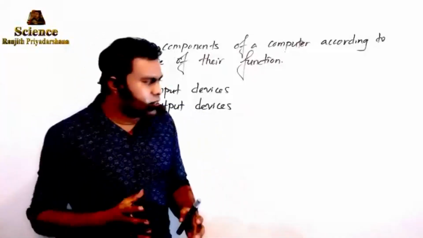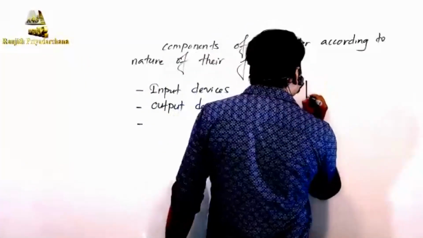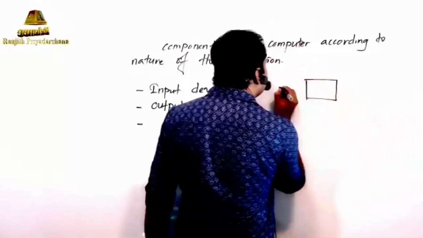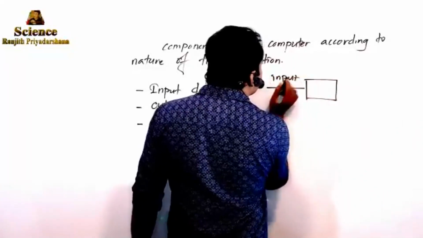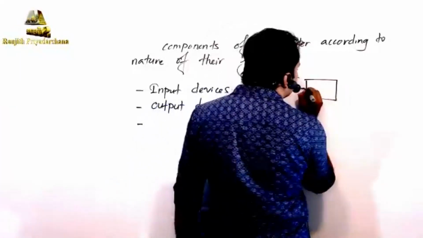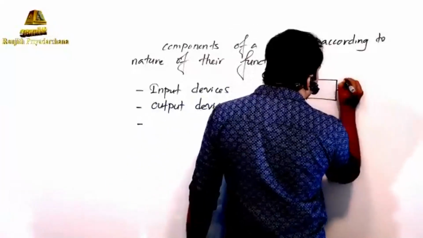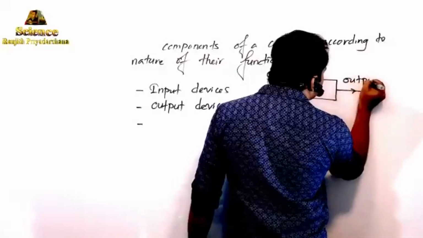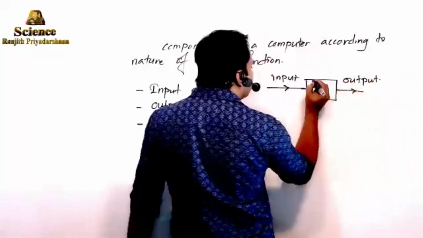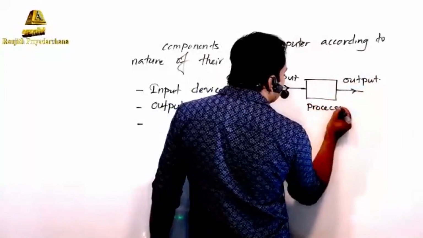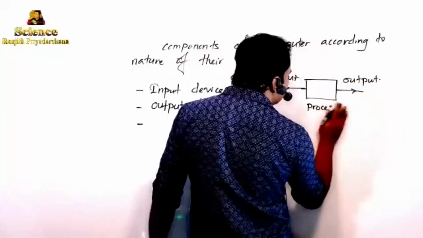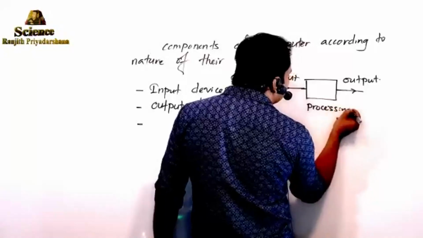When you input data to your computer, what happens next? Output is given after doing what? Processing. So this processing is mainly done by what?